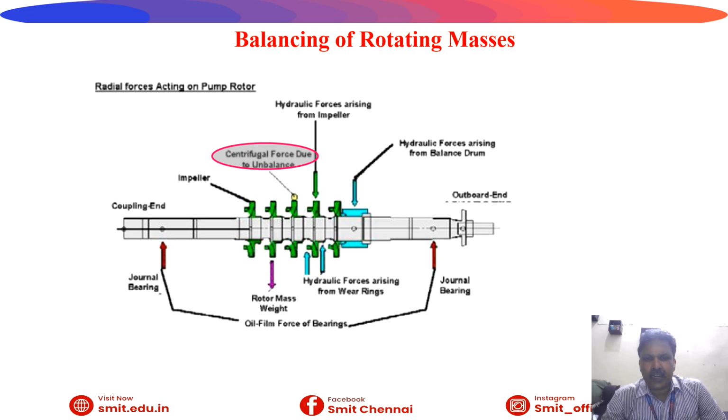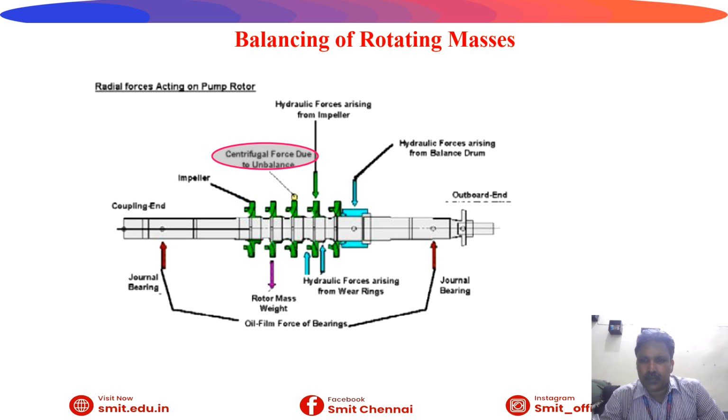The hydraulic forces arising from the wearing rings. Rotor mass weight, it is acting due to gravity. Centrifugal force, that is in the closed loop, mentioned over here, elliptical shape. Centrifugal force due to unbalance is mentioned over here. When it is not noticed properly, what will happen?